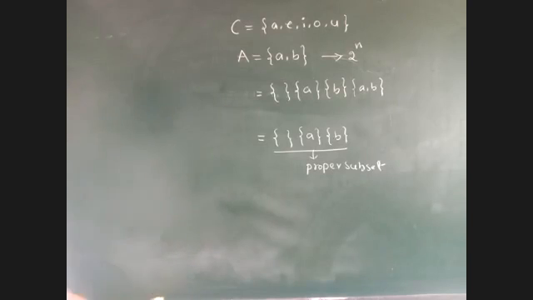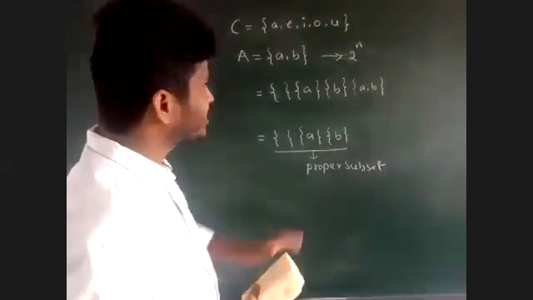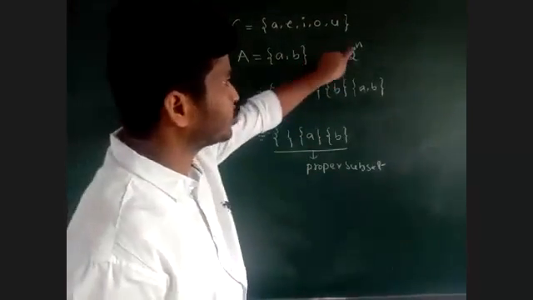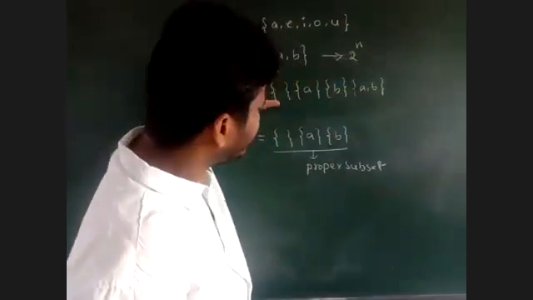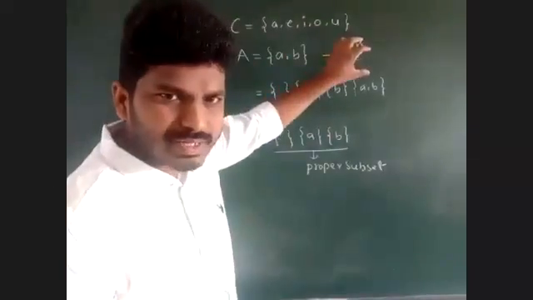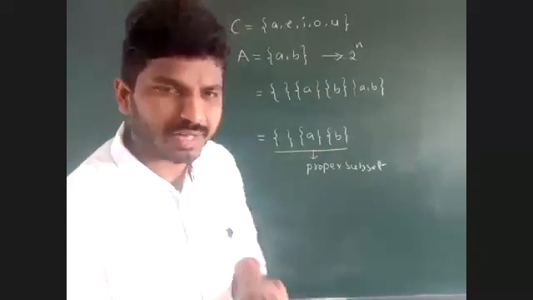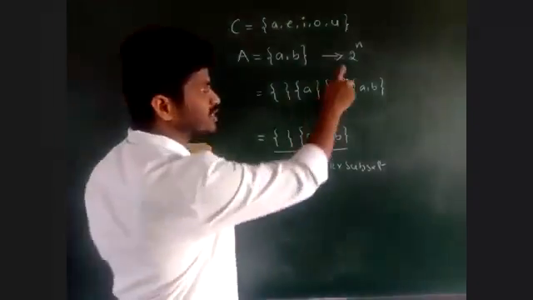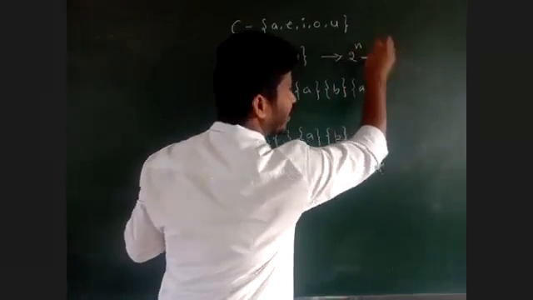Similarly, in proper subset also, we have a formula. The subset formula is 2 to the power of n. So in this total number of subsets, we should subtract one subset, that is itself. That's why the proper subset formula is 2 to the power of n minus 1.